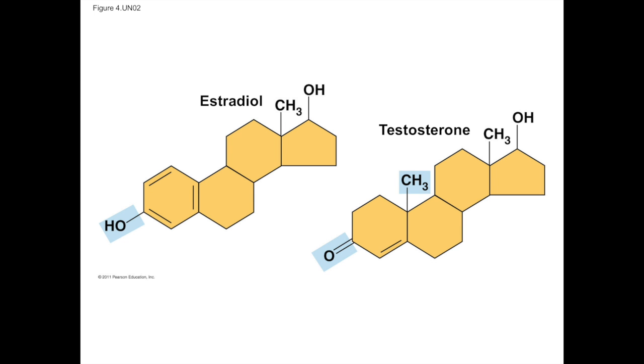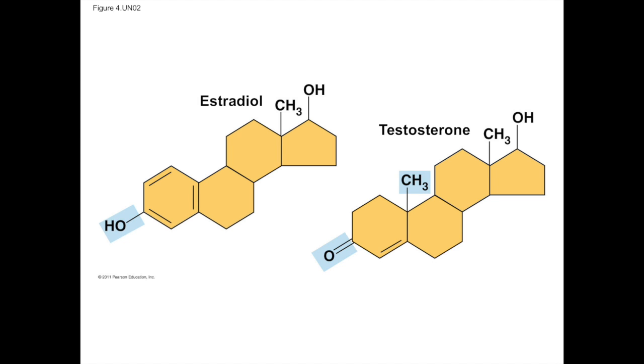So here are two molecules, estradiol and testosterone. Maybe you've heard of them. And here, this is again that organic chemist shorthand where they've just drawn in all these squiggles to represent carbons and hydrogens, and you only see something different if it's an oxygen or something like that.